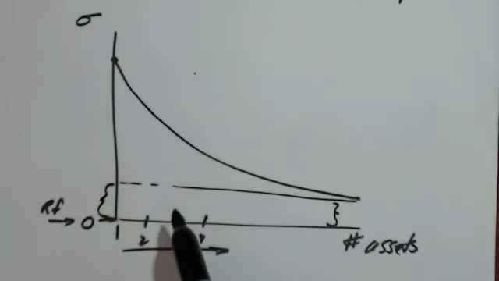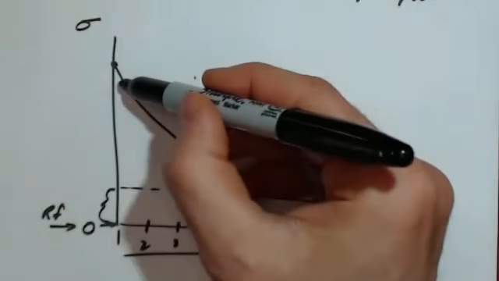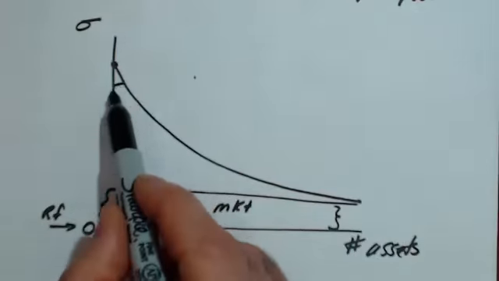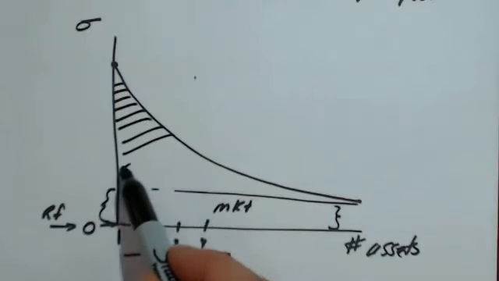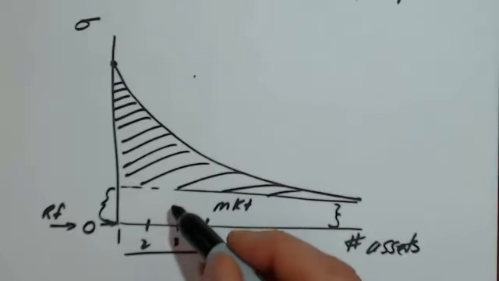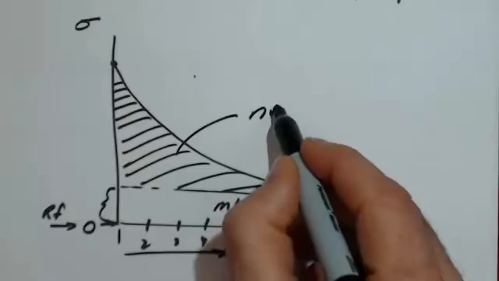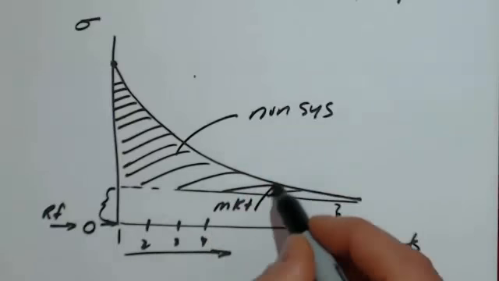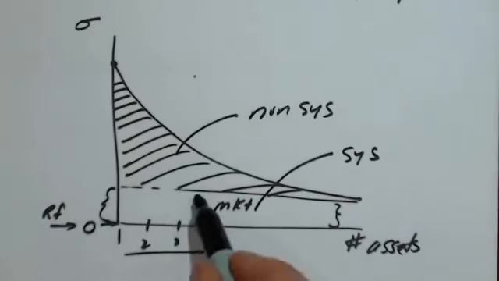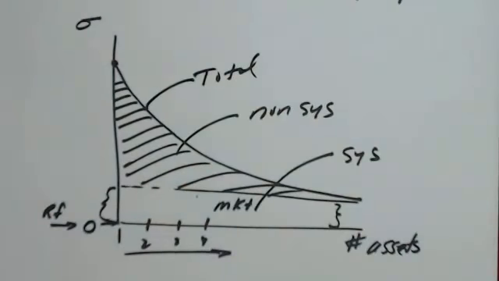And that's going to be market risk, because the S&P 500 will not have any company-specific risk, which is measured here. So I'll stripe it out here. This area right here is company-specific risk, and this is market risk. So in other words, this is your non-systemic, and this is your systemic risk. Add the two up, and you get your total risk.